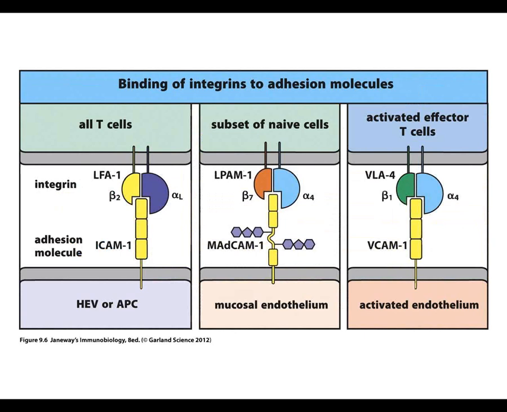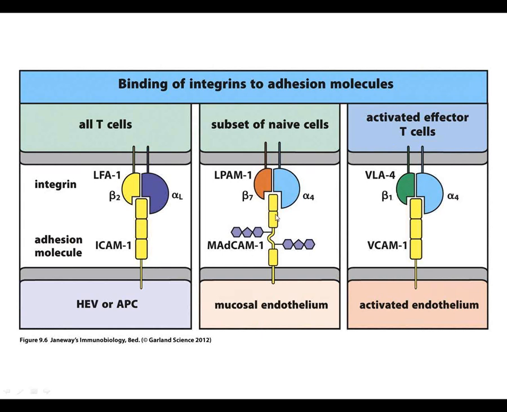So once again, some integrins that are important to know. LFA1 binds to ICAM1. So LFA1 is made of both an alpha and beta subunit. It's found in the high endothelial venule. And then on the activated endothelium, like I mentioned, there's, of course, a beta and alpha subunit, VLA4, and VCAM1.